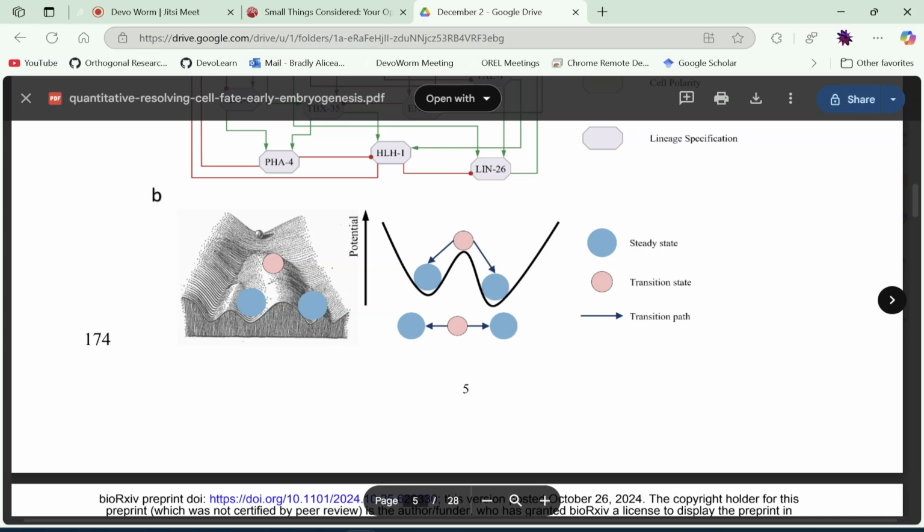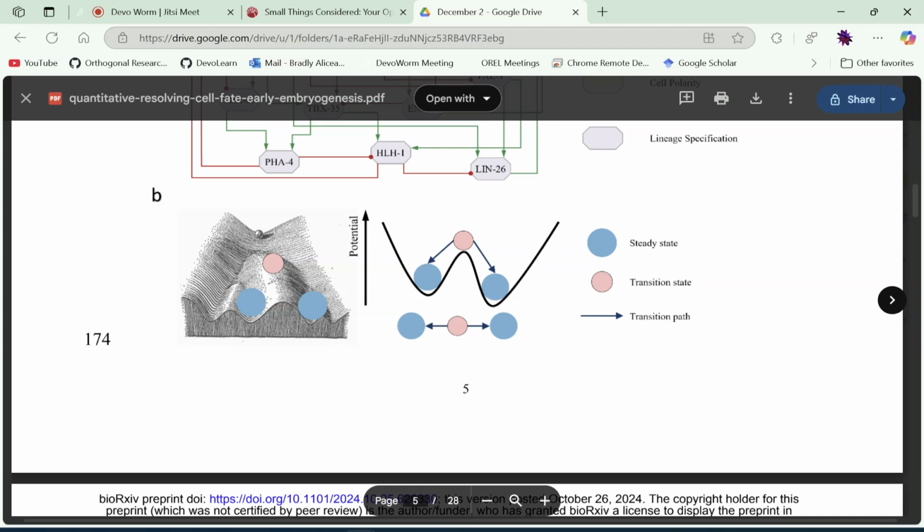So potential is going upward, basically, where we have cells that are in steady states, which are in blue, and some transitional state, which is in pink. The idea is that on this energy landscape on the right, the steady states are in the wells, much like they're in the channels of the Waddington landscape.